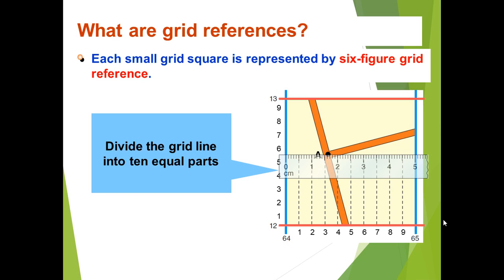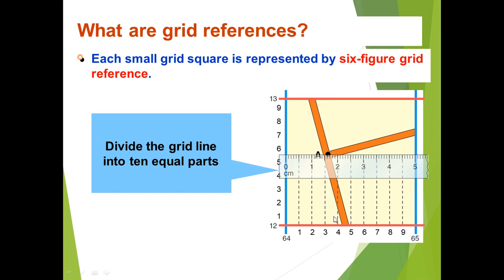We can imagine there are virtual lines, so we don't have to draw out all the lines to divide this grid square into 100 smaller squares. How can we do it? If we place a ruler onto a map with a 1 to 20,000 ratio, you can easily find that for each grid square, the length and also the width should be 5 cm by 5 cm.